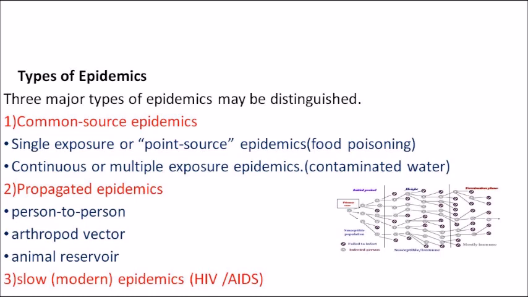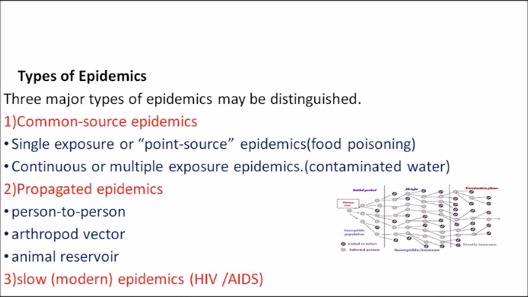For example, food poisoning. It can be due to drinking contaminated water or eating contaminated food. The people who ate that contaminated food or drank that contaminated water may all develop the disease more or less at the same time, since they have the same incubation period and will report more or less at the same time.